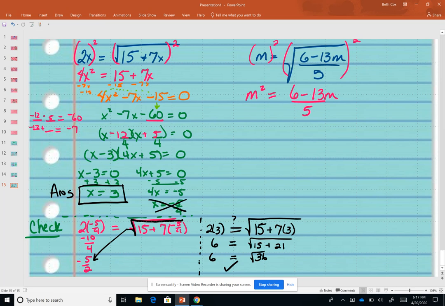To solve this, I need to multiply both sides by 5 first, to get rid of that fraction, and I have 5m squared is equal to 6 minus 13m. Once again, I have a quadratic, so that's 5m squared plus 13m minus 6 equals 0.